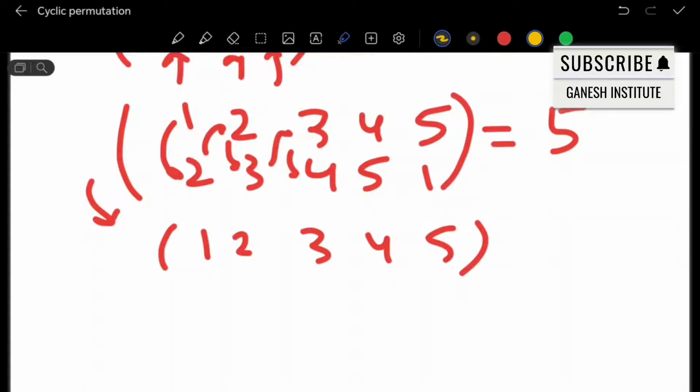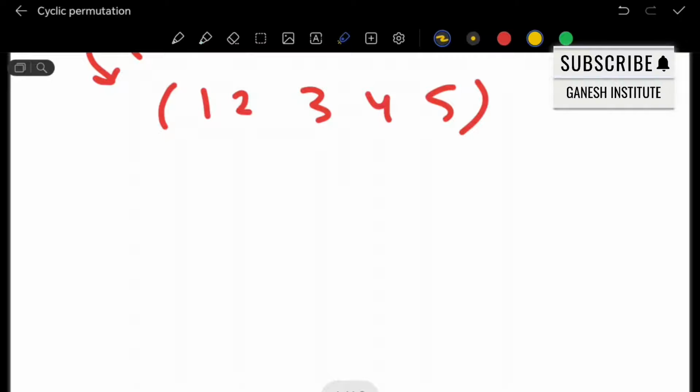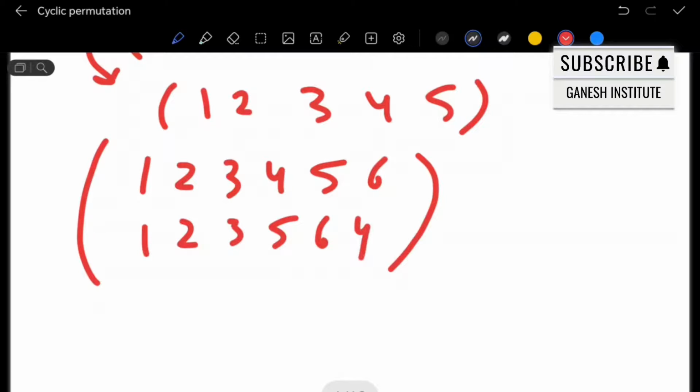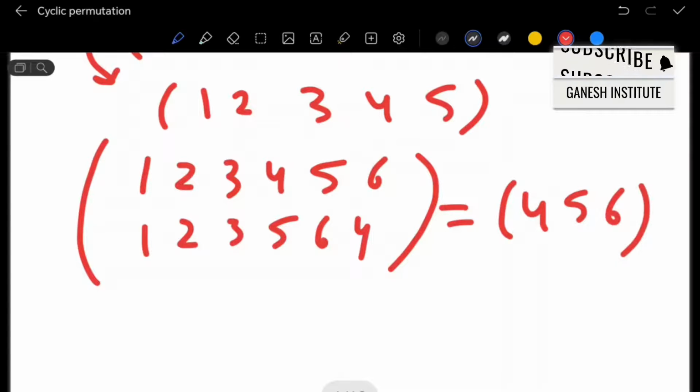Now, there are certain criteria; you can find certain questions in this form. So tell me, how can I write this cyclic permutation: (1 2 3 4 5 6) to (1 2 3 5 6 4)? Firstly, this is a permutation, so can I write it as (4 5 6)? Why?